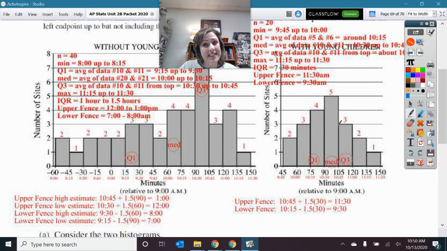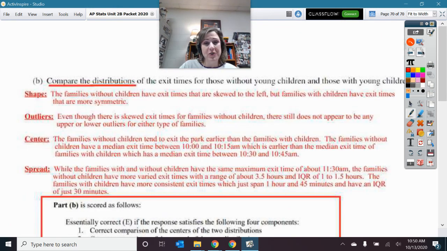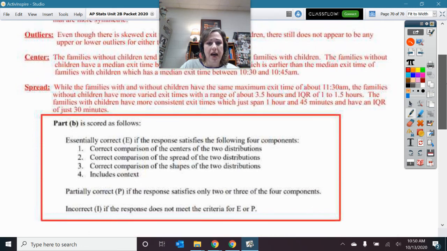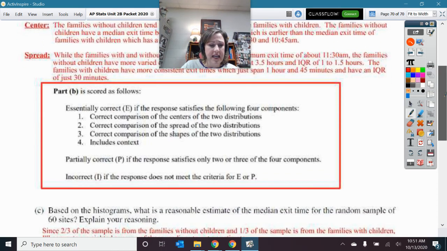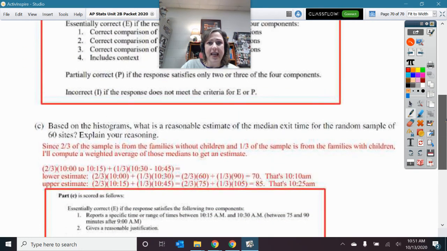They were definitely centered higher than the ones without families. The ones with children are taking longer to get out of the campsite. I'll leave that there for you to look through. Notice in the grading guidelines, you had to compare the centers, the spreads, the shapes, and you had to include context.